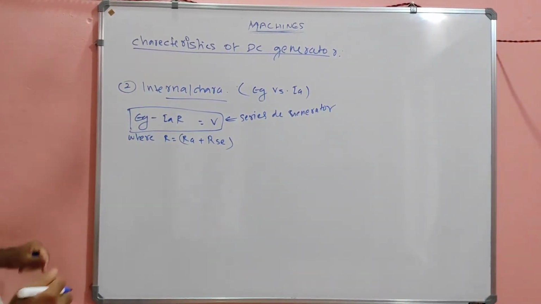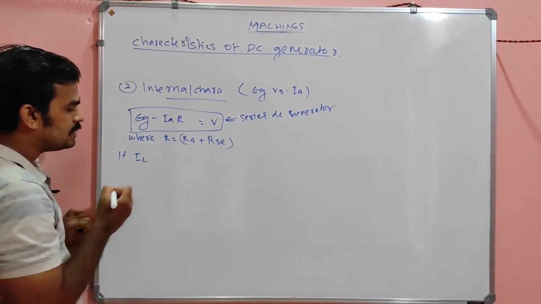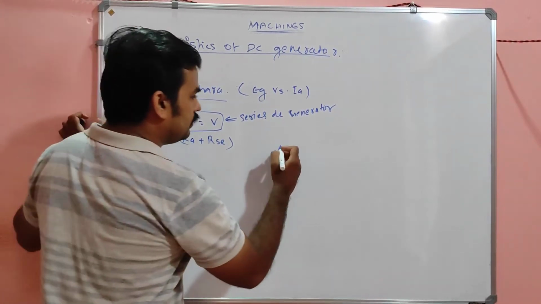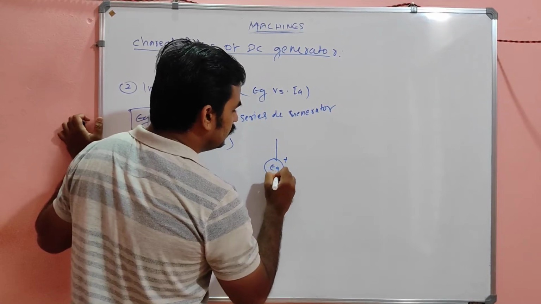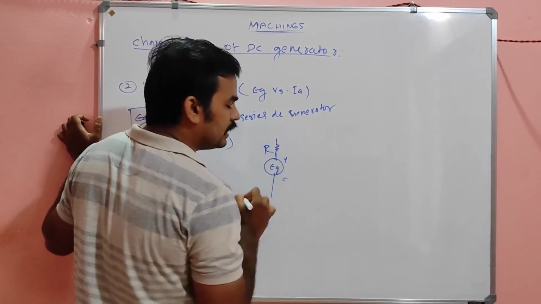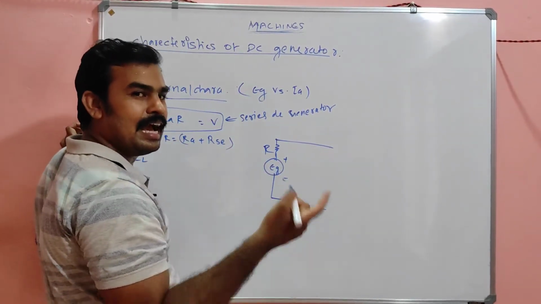What happens if you increase the load? If IL is the load current, Eg, and R consists of Ra and Rc.